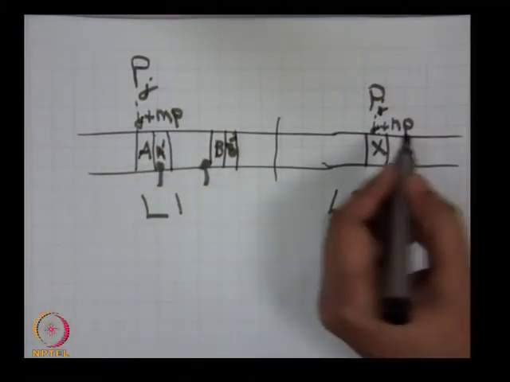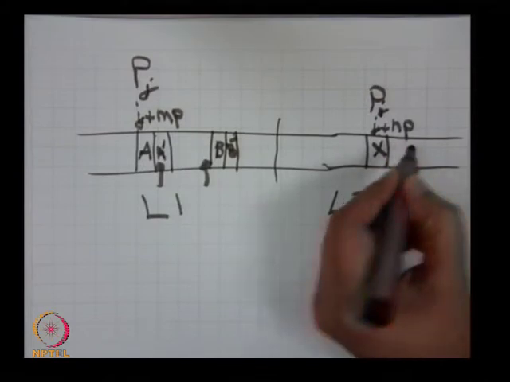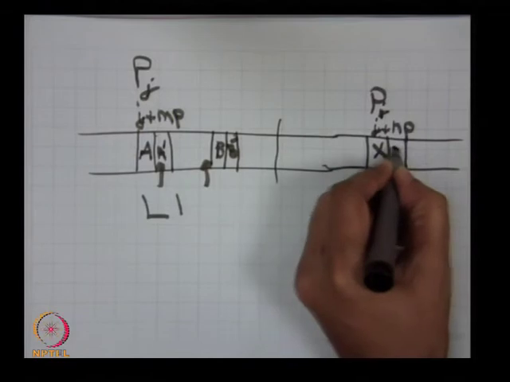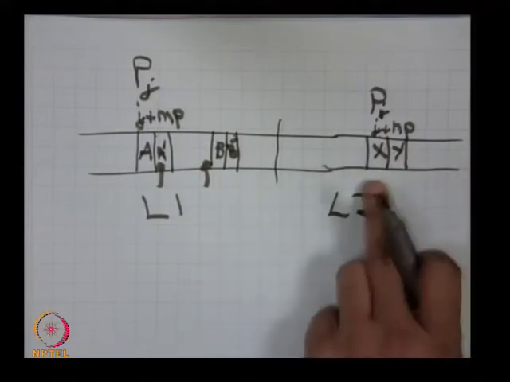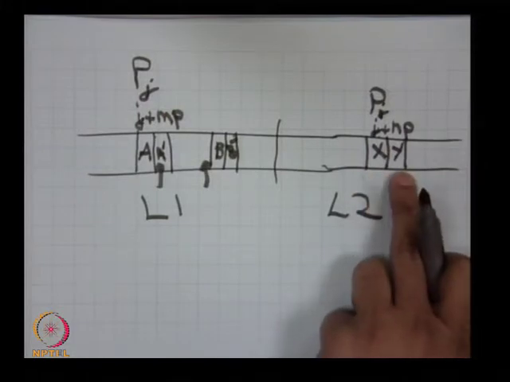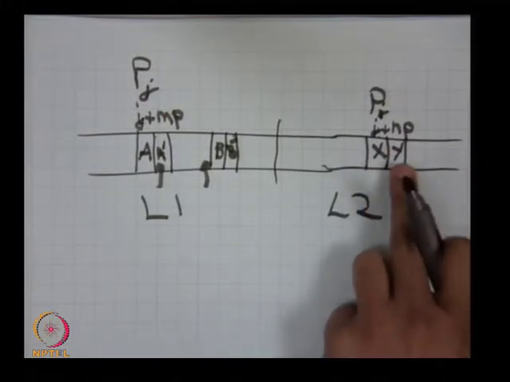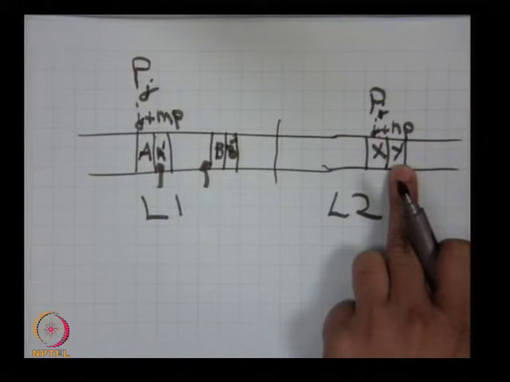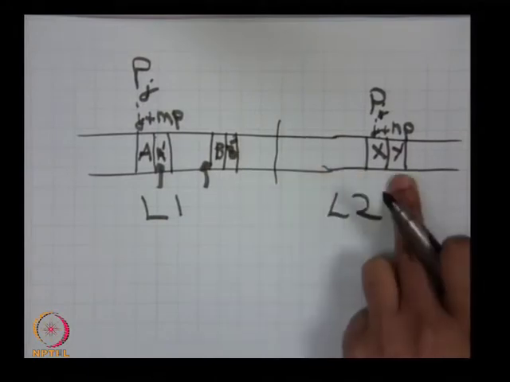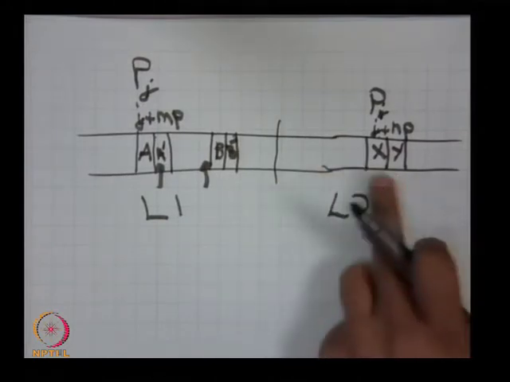Since we are using x and y, let's just stay there. This x comes from Pj, this y comes from Pj plus 1, and how many elements are less than this y in x? X is definitely less than y, but everything less than x is also less than y. How many elements less than x?